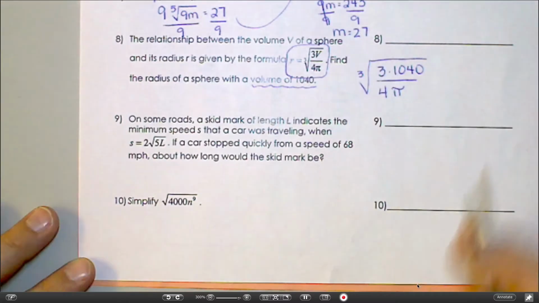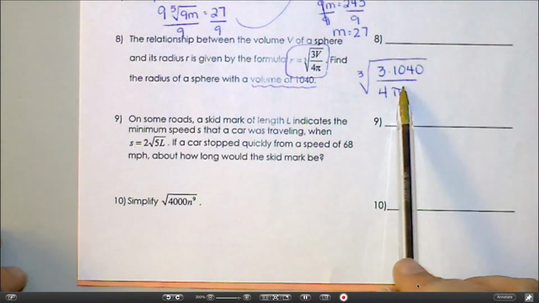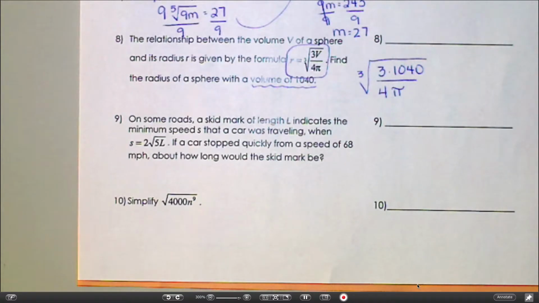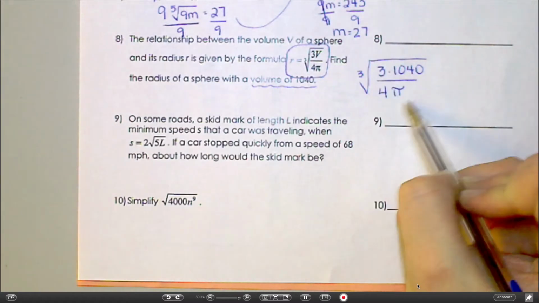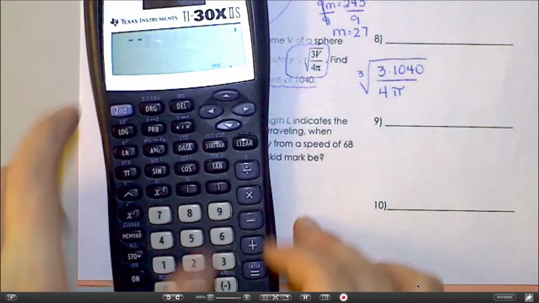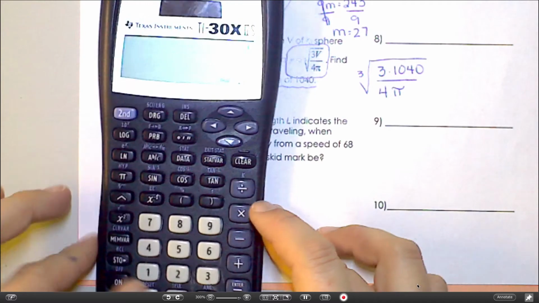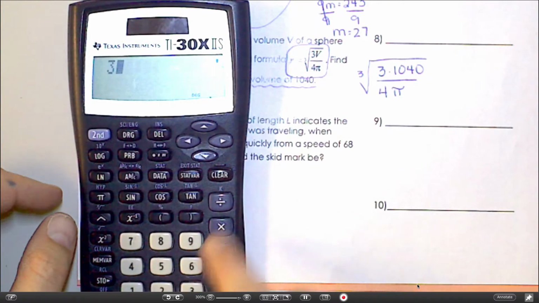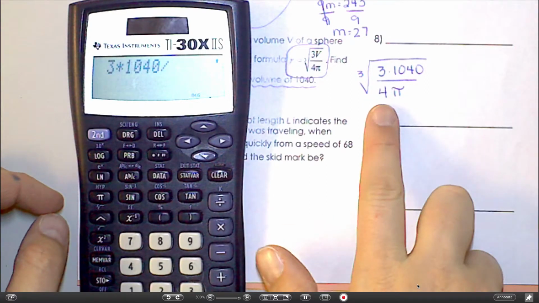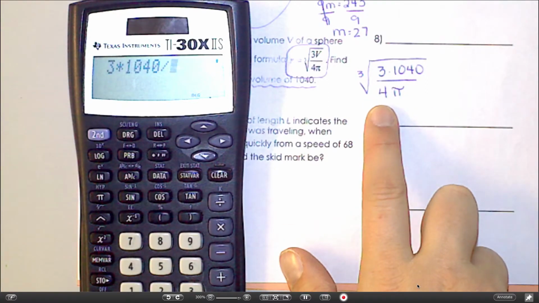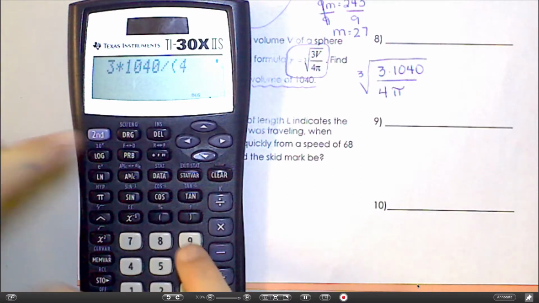Okay. We can literally just type this into a calculator, but I advise against it. If you were to try to type this in all in one shot, there's a very good possibility that you'll make a mistake. So what I would do is I would do the fraction part first. You might want to make a note to yourself about how I type this in: 3 times 1040 divided by, now because I'm dividing by 2 things on the bottom there, I'm going to need to put that in parentheses.